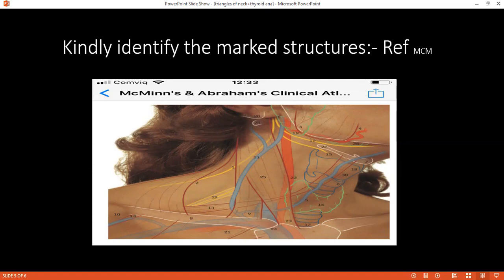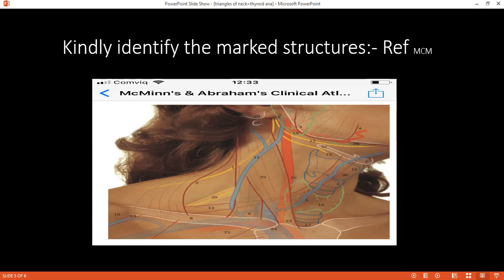Right. The bell has gone, but one last question. How does this thyroid gland move with deglutition? It moves up and down with deglutition. Why? Because it is enclosed in the pretracheal fascia.